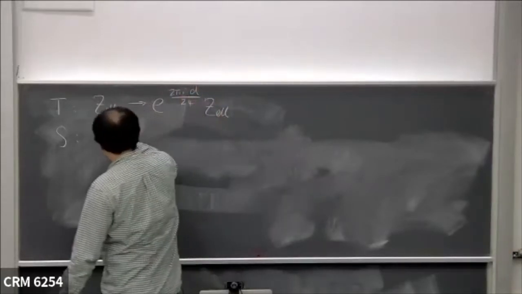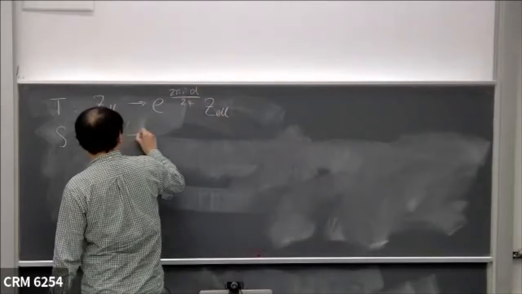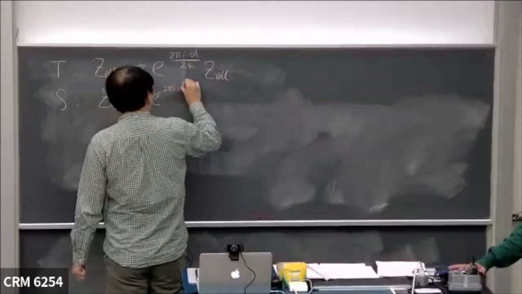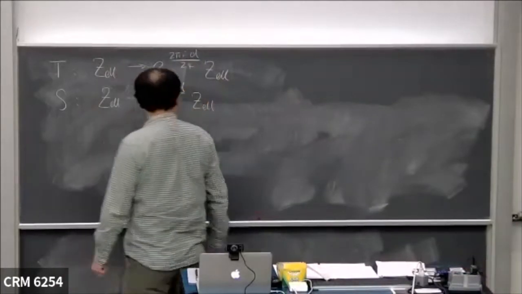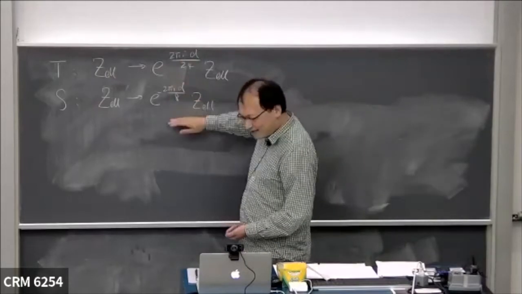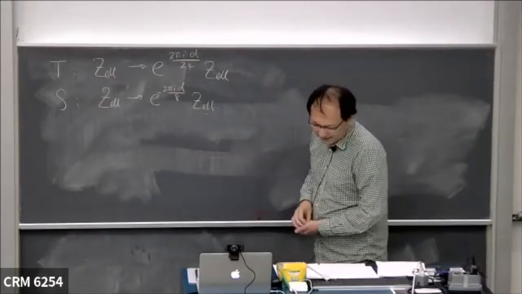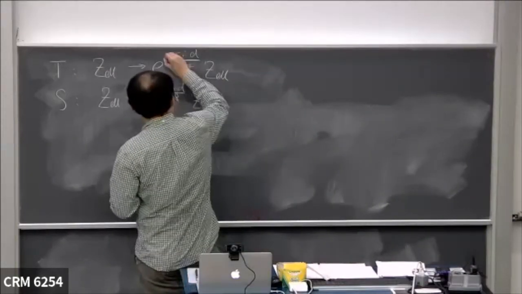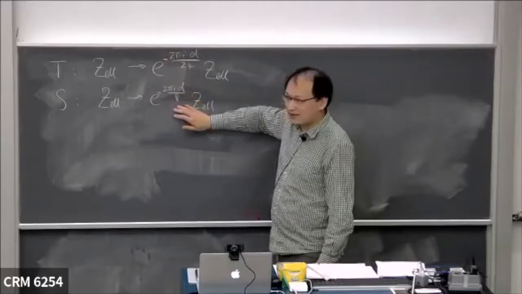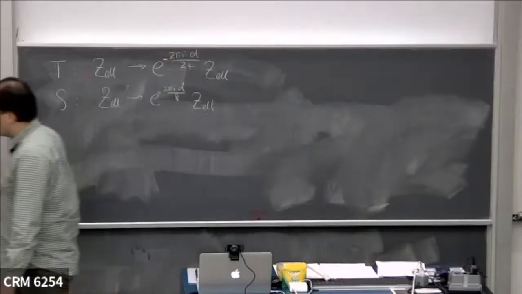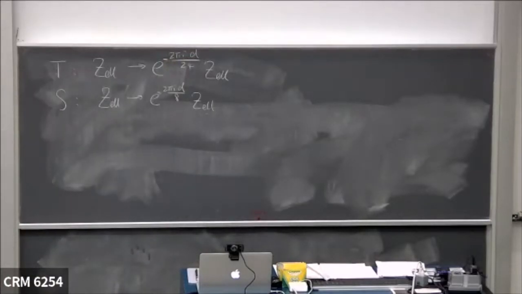And under S, it will pick up a phase given by e^(2 pi i) times minus d over 8. You can verify that this is indeed a one-dimensional representation of SL(2,Z). And that's the mapping class group action obtained from this 3D invertible theory.